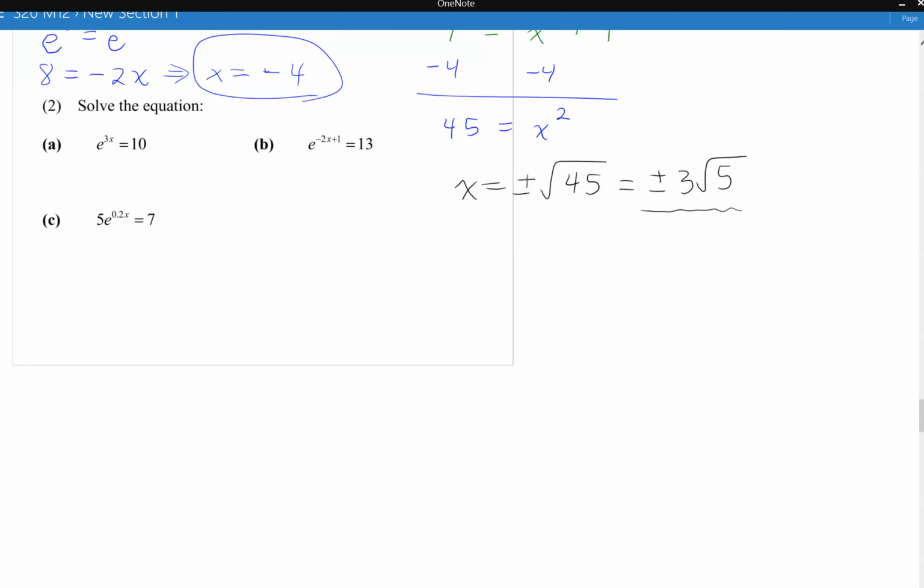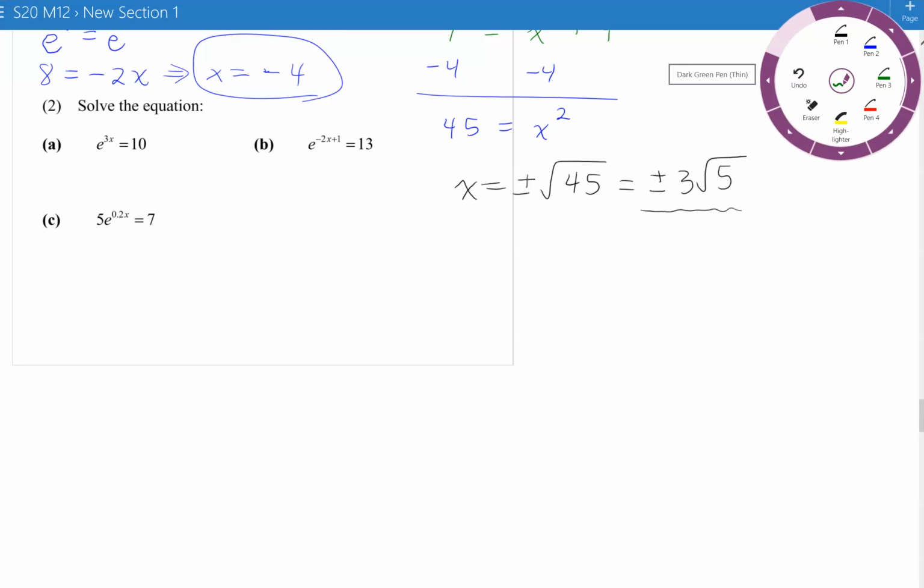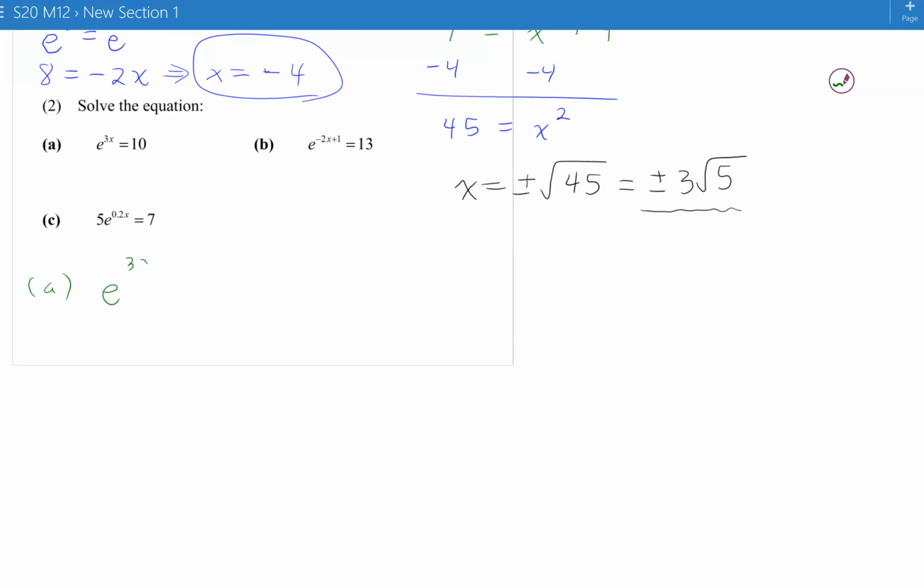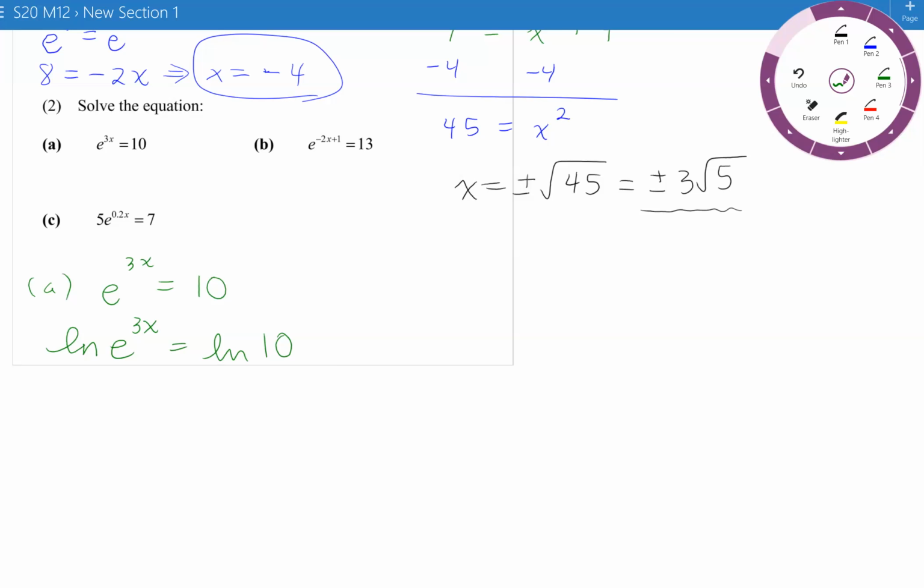And then the second idea is using a logarithm to solve the equation. So if I have e to the 3x equals 10, I can take the natural log of both sides. e to the power of and ln have the effect of undoing each other.